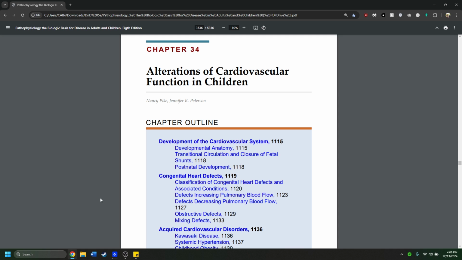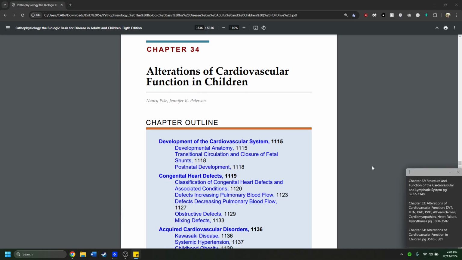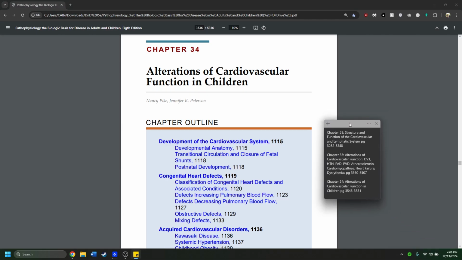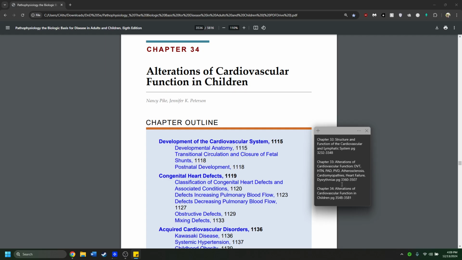However, we are skipping over a small portion here. I think I'm just going to be doing the congenital heart defects, the classification of the congenital heart defects and associated conditions, defects increasing pulmonary blood flow and decreasing pulmonary blood flow, as well as the obstructive defects and mixing defects.